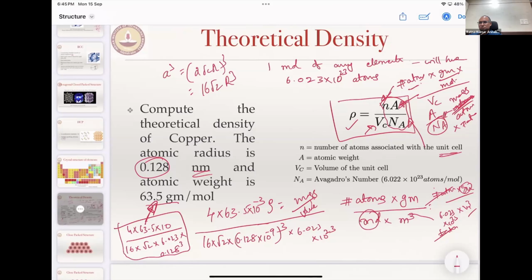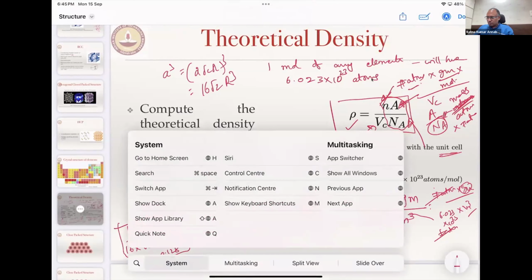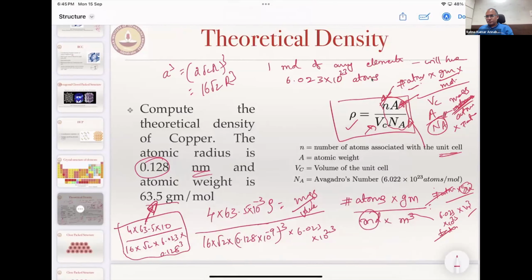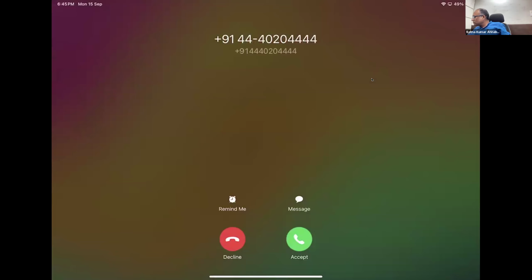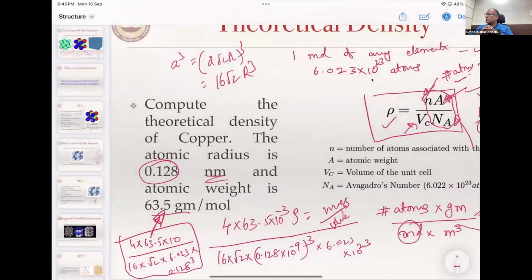Can you calculate what will be the density of copper using that? 17357.453 grams per meter cube.